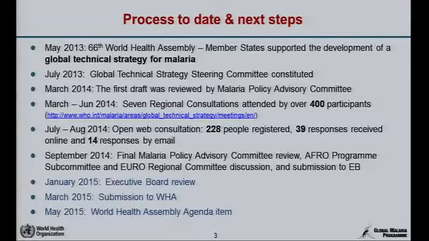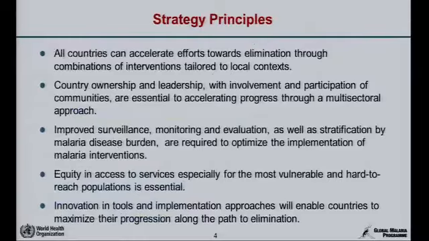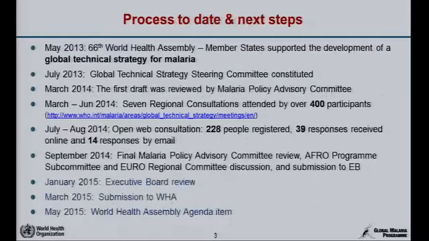So, in a relatively short period of time, we have been able to make significant progress, and very importantly, this has been a shared, consultative, open process that has engaged more than 1,000 people around the globe. What is left now?